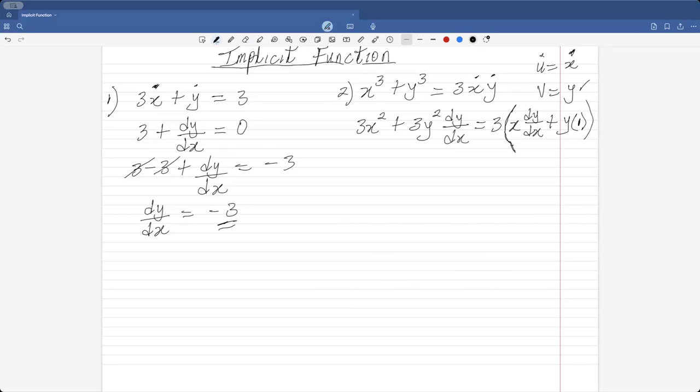At this point, let's solve further. We can see this as 3x squared plus 3y squared dy/dx equals, we open the parentheses, so we have 3x dy/dx plus 3y.